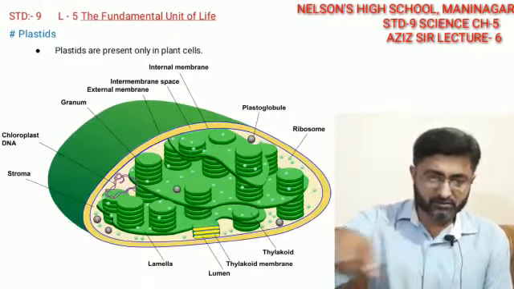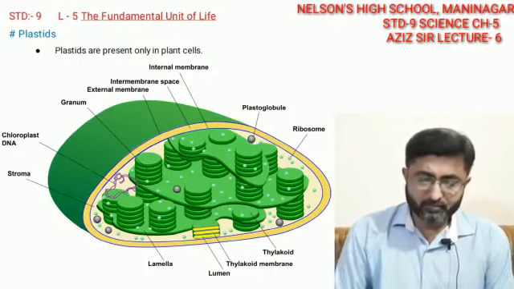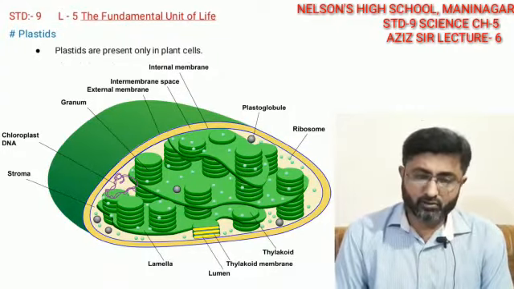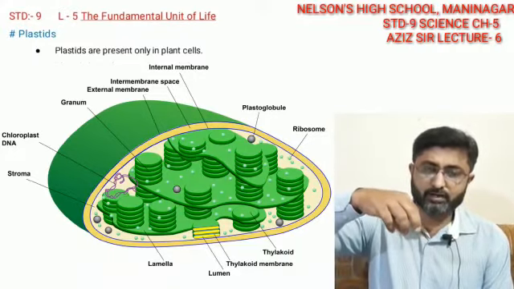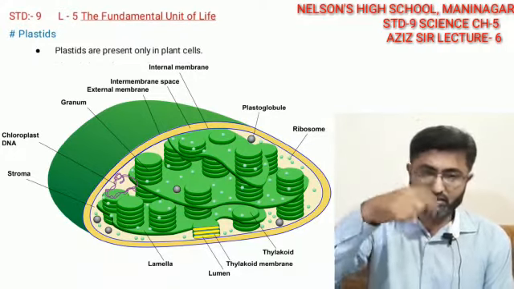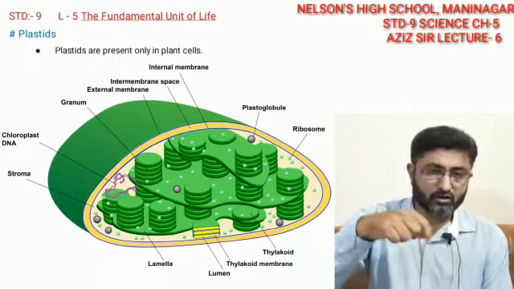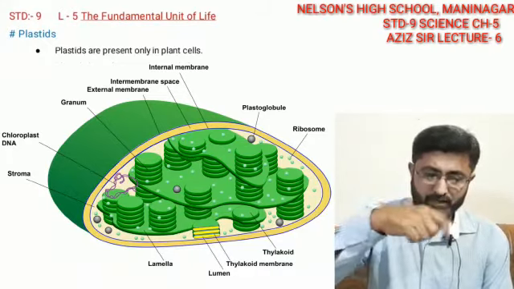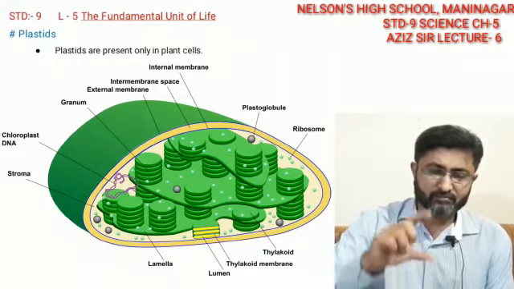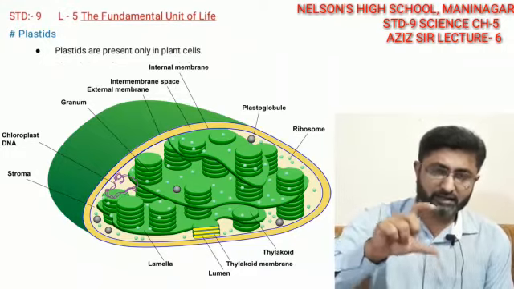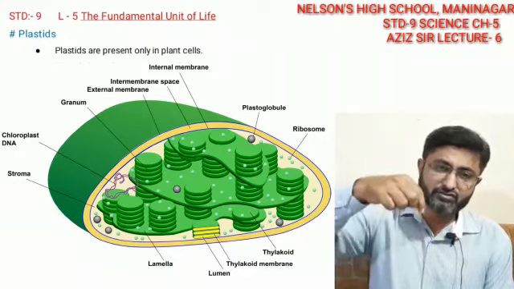Now as far as the structure is concerned, it has layers in plastids also. In plastids there are granas, made of round structures called thylakoids, like coins. A whole heap of coins is there, and that is known as grana, and these granas are embedded in stroma.